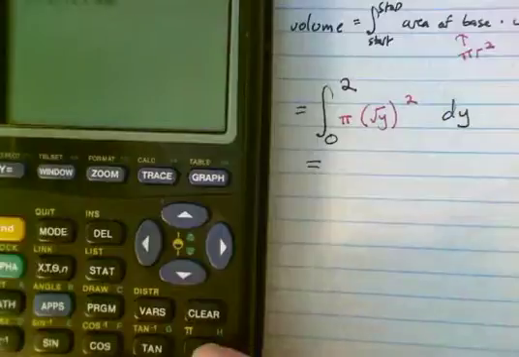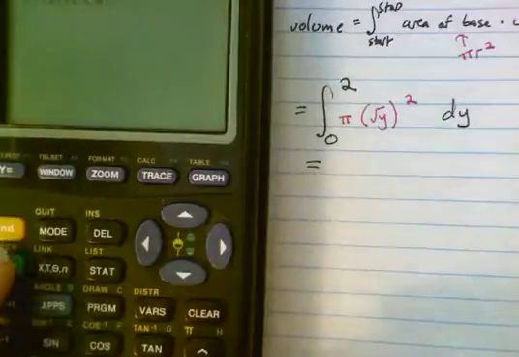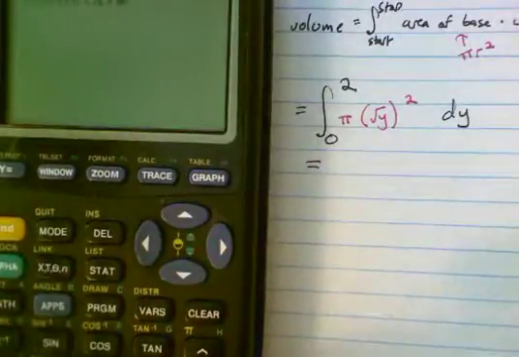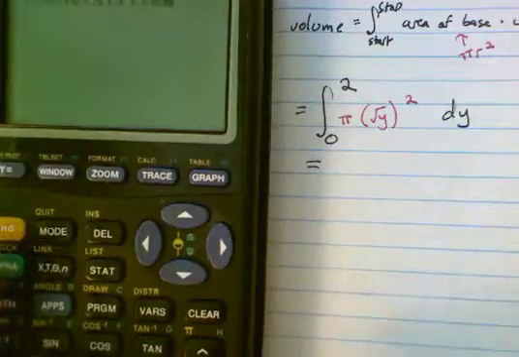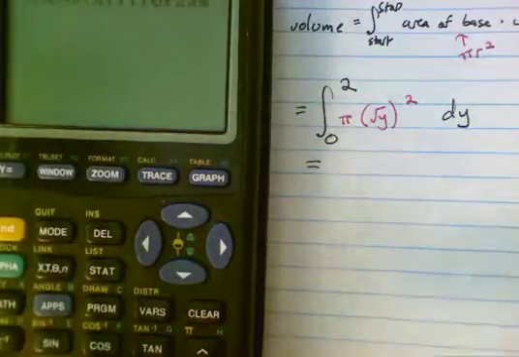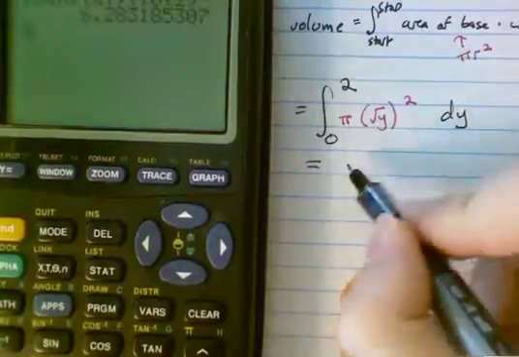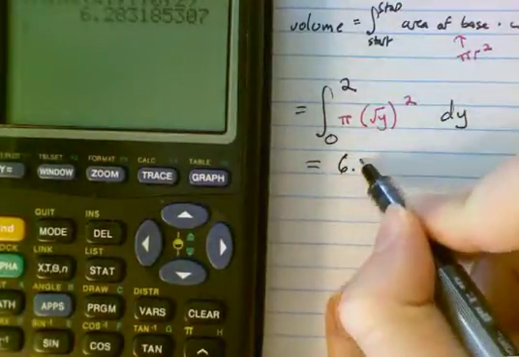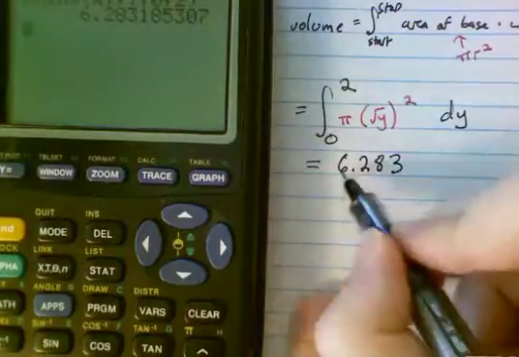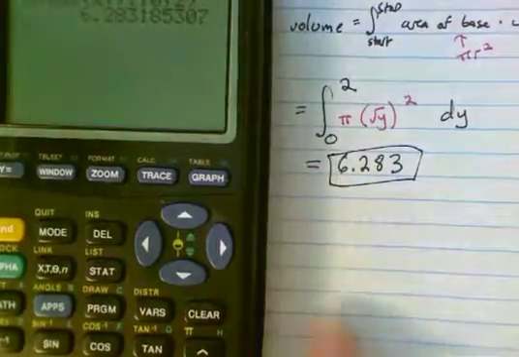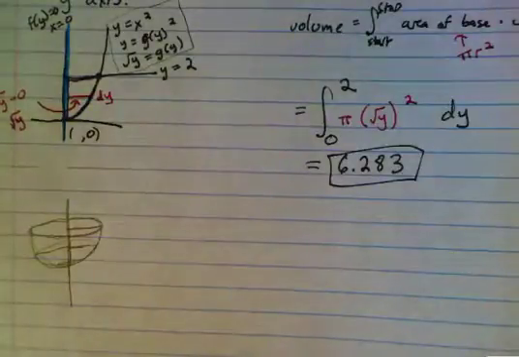Pi times square root of y squared is just y. Variable is y, from 0 to 2. And there we go.